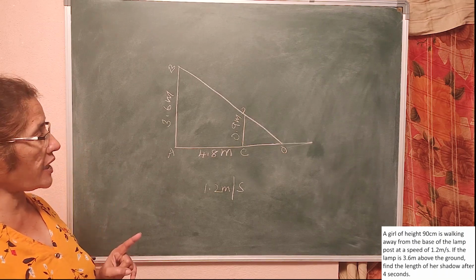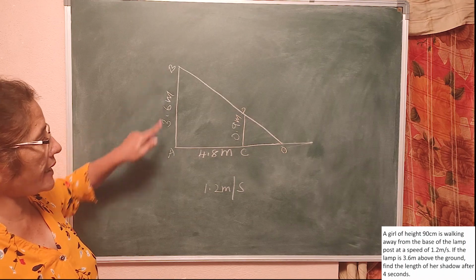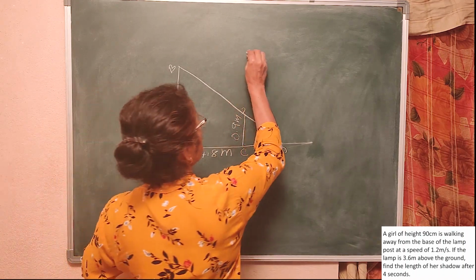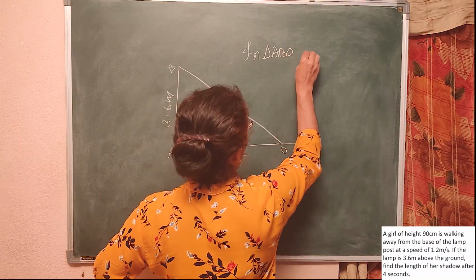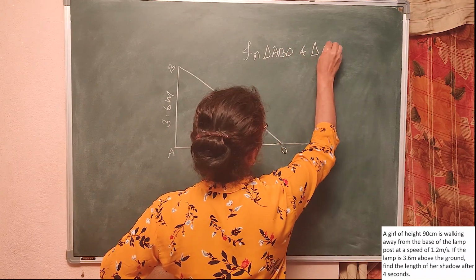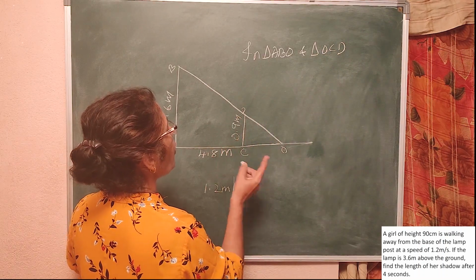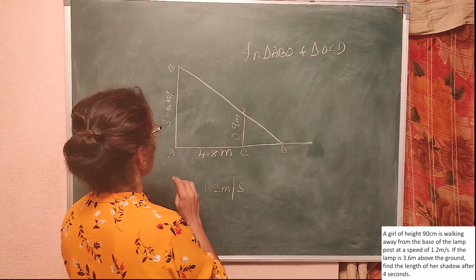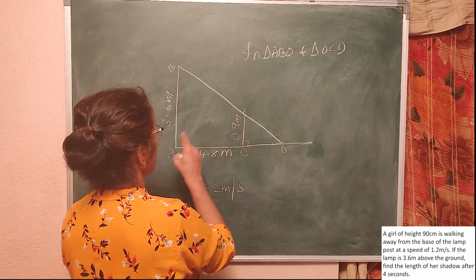So how can we start? We'll take two triangles. What are those triangles? In triangle ABO and triangle OCD, what can I say? This angle is 90.